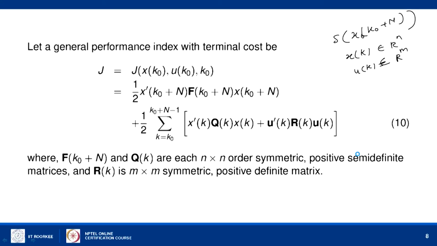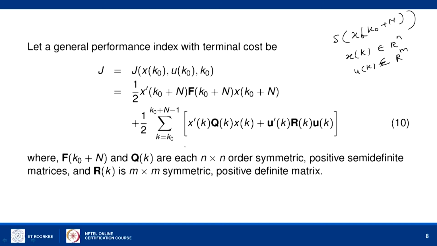Here we are taking the particular expression for linear discrete control systems and we can solve in a similar manner. So, the S function is replaced by the first expression given in equation 10, and the capital F function in the previous problem is replaced by the linear expressions here. x dashed Q x plus u dashed R u is called a quadratic expression.